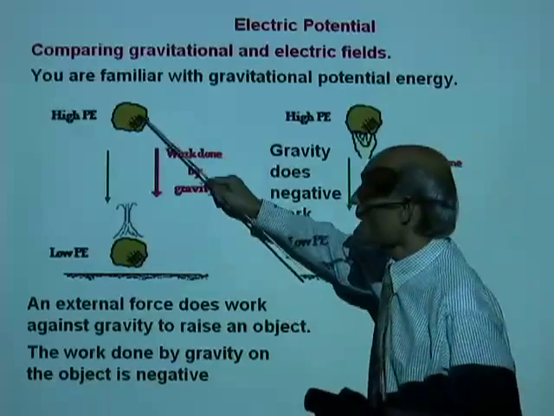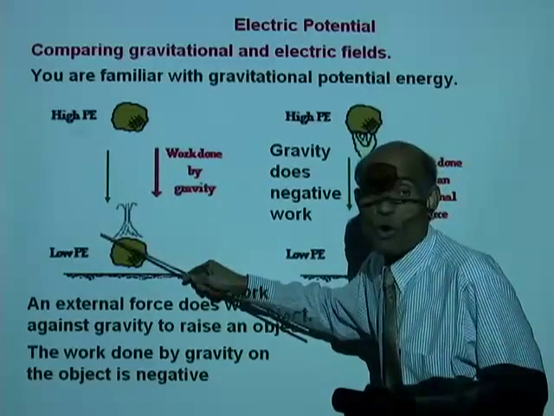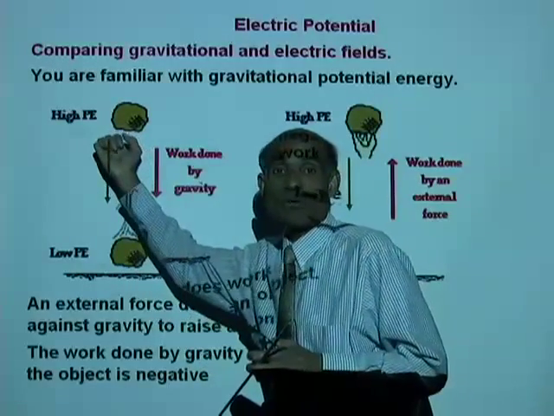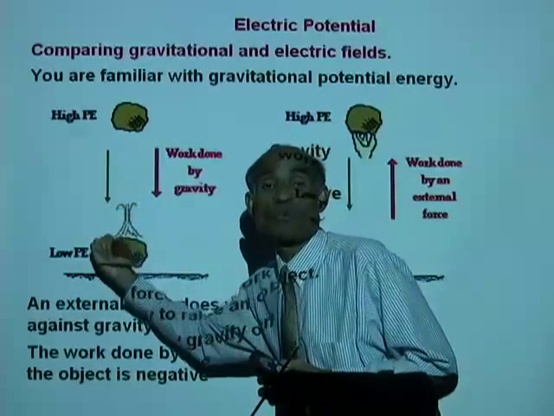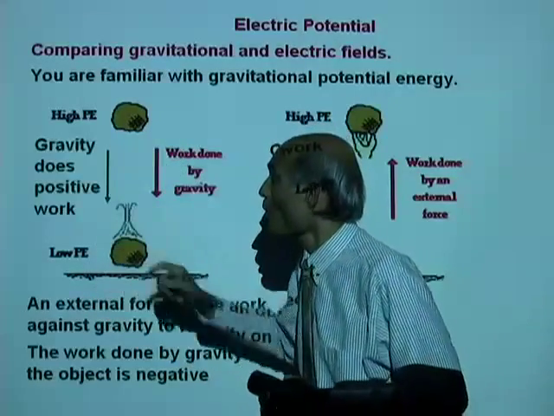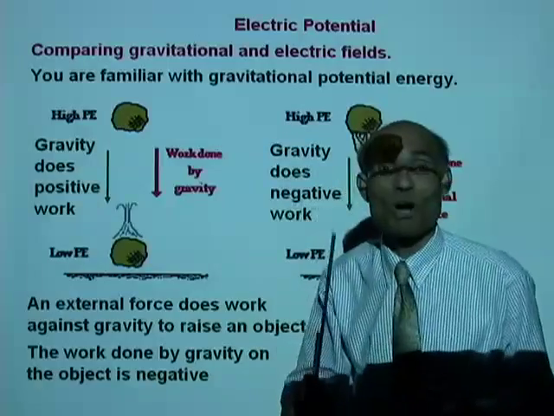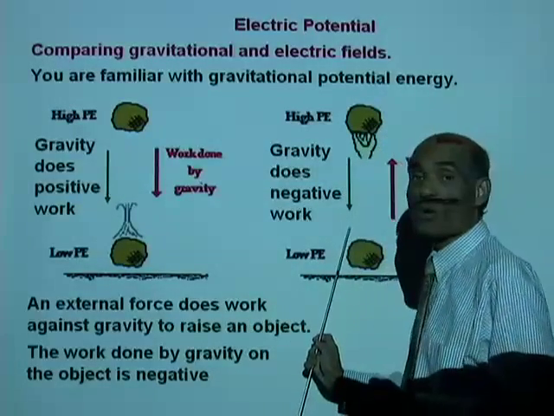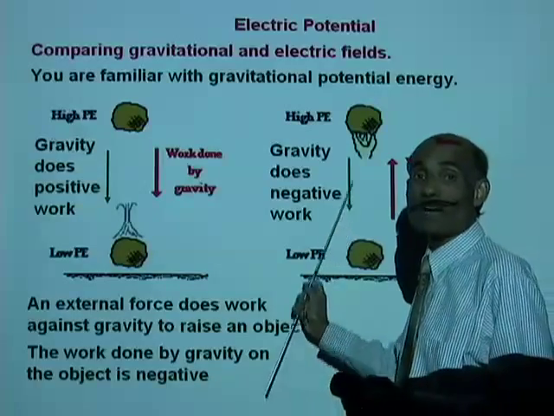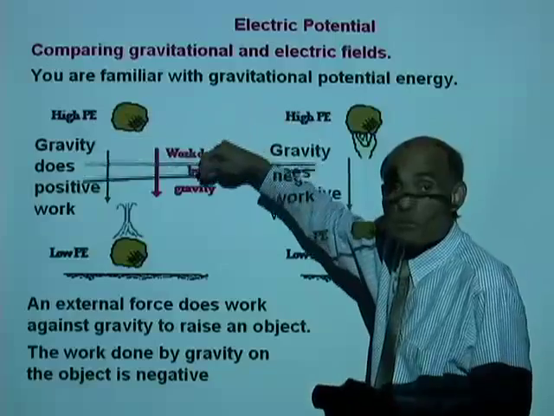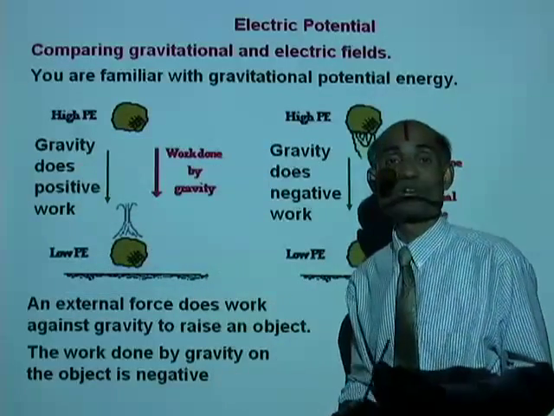Now, when you allow the object to fall, the displacement and the direction of the gravitational force are both the same. That means when the object falls, gravity does positive work. Therefore, tell me, what is the total work done by gravity in raising the object and then bringing it back to its original position?